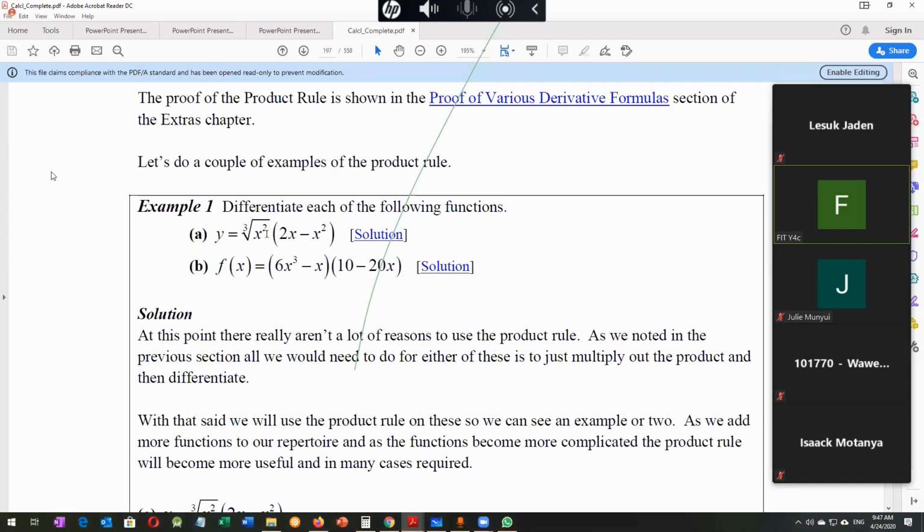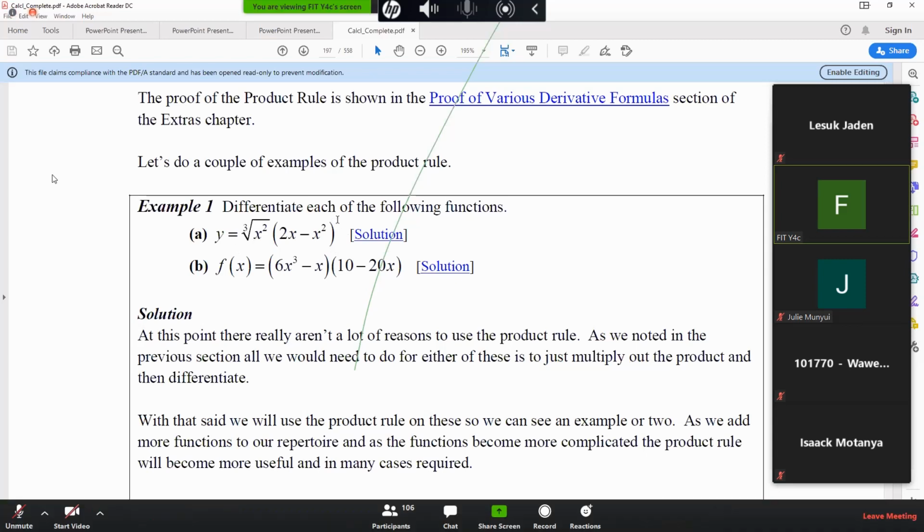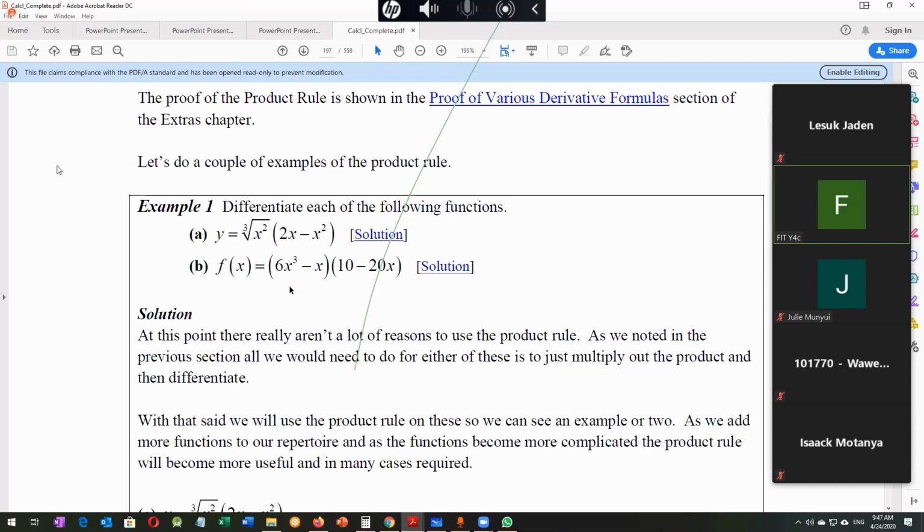You substituted some other letters. Okay, I see where it's coming from. But now when you use the chain rule, actually the power here is 1, because this is like the main function here. Okay, fine. Thank you.